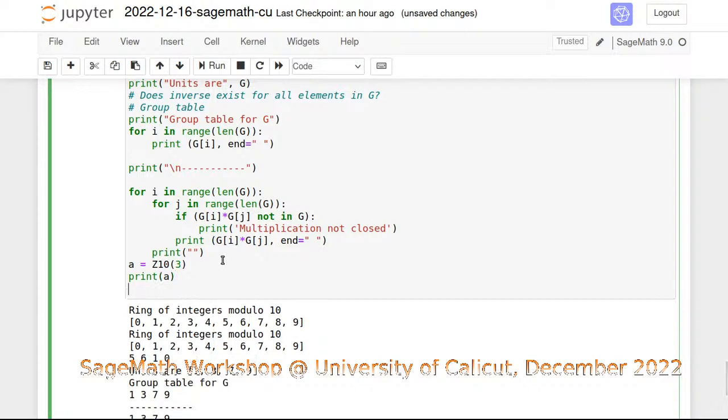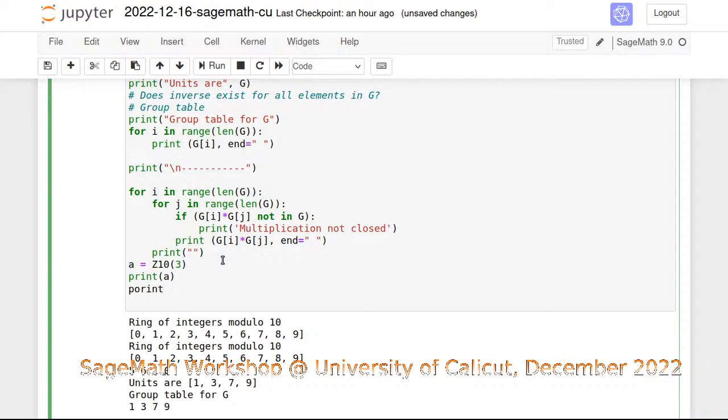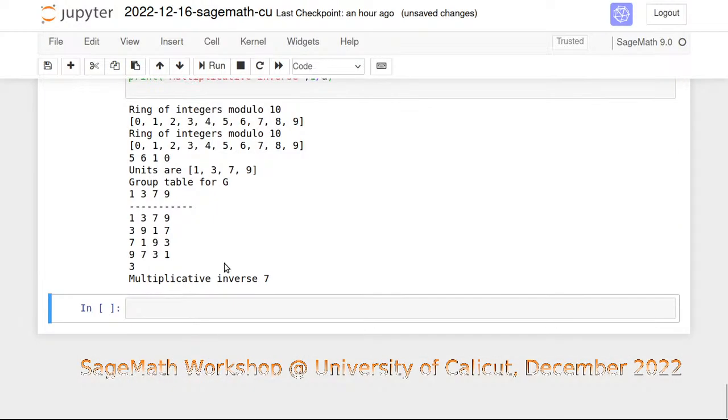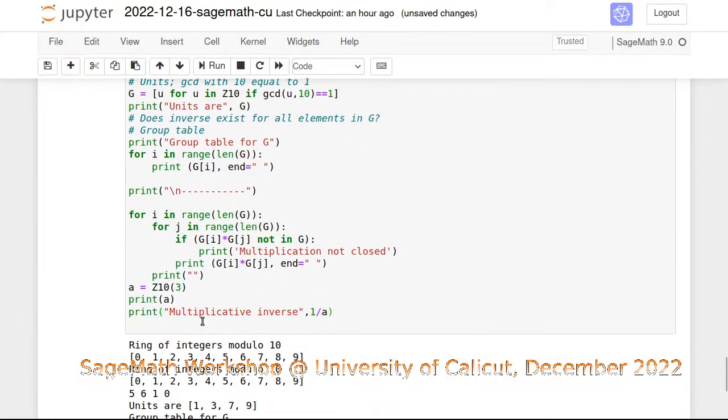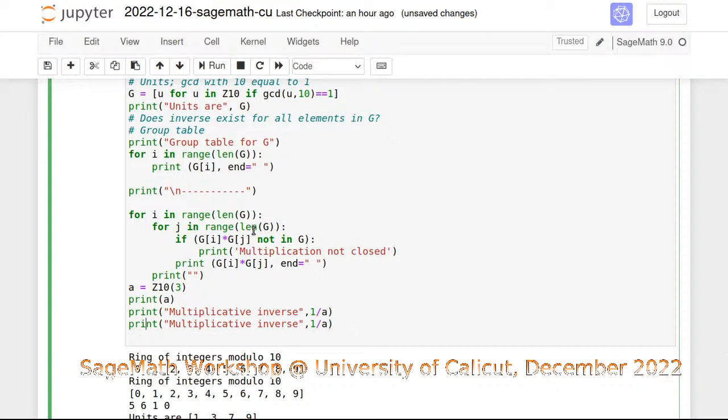Now we can find the inverse of it, meaning the multiplicative inverse here. Additive inverse is just minus a. The multiplicative inverse is 1 by a, that's 7. Now the multiplicative order also we can find, and the additive order should also be possible.